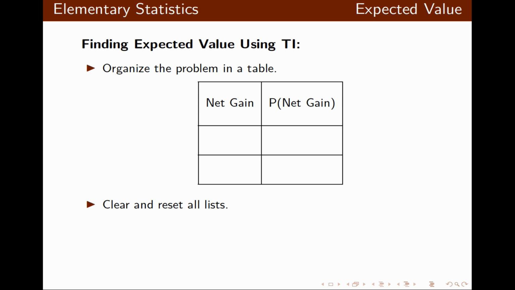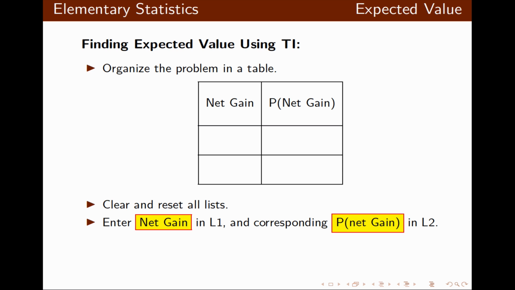We clear and reset all lists in the TI calculator. We enter the net gain in list 1 and probability of net gain in list 2. To emphasize, it has to be the corresponding probability.